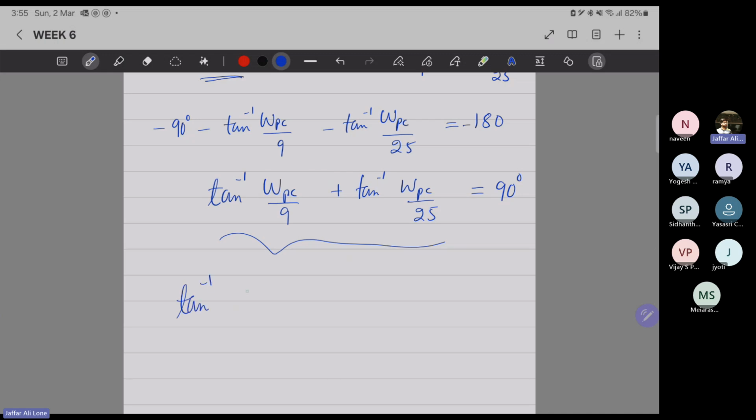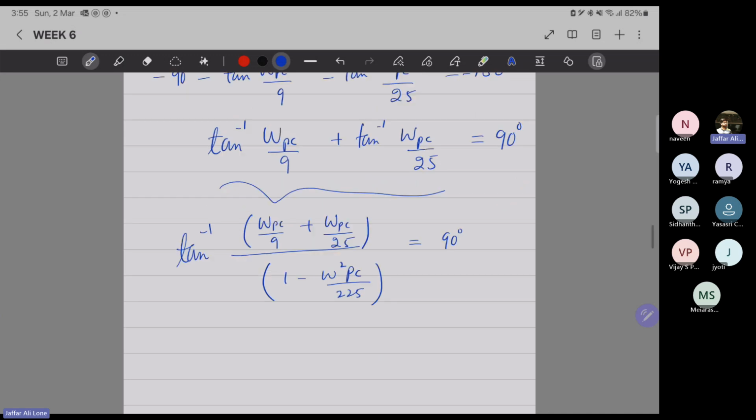So it will be tan inverse of (ω_PC over 9 plus ω_PC over 25) divided by (1 minus ω_PC squared divided by 225), and this is equal to 90 degrees.